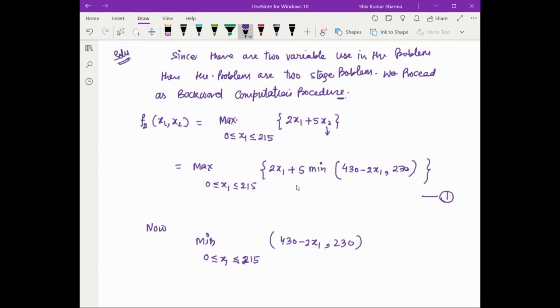The second value is constant, 230, but when we substitute the value of x1 as 0, 1, 2, 3 up to 215, the first value is smaller. So the first value is minimum: 430 minus 2x1, for x1 lying between 0 to 215.